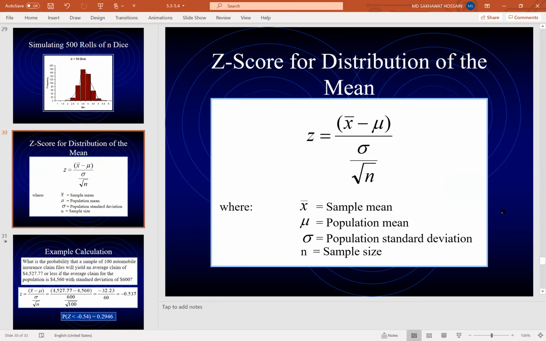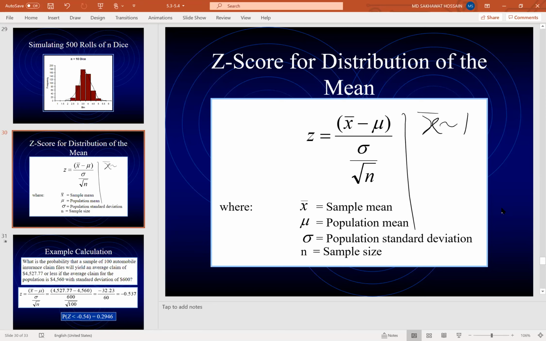So now we'll talk about the sampling distribution for the sample mean. If x bar is the sample mean and n is large, then from the large sample property, we can say that when n becomes large, x bar becomes close to normal.